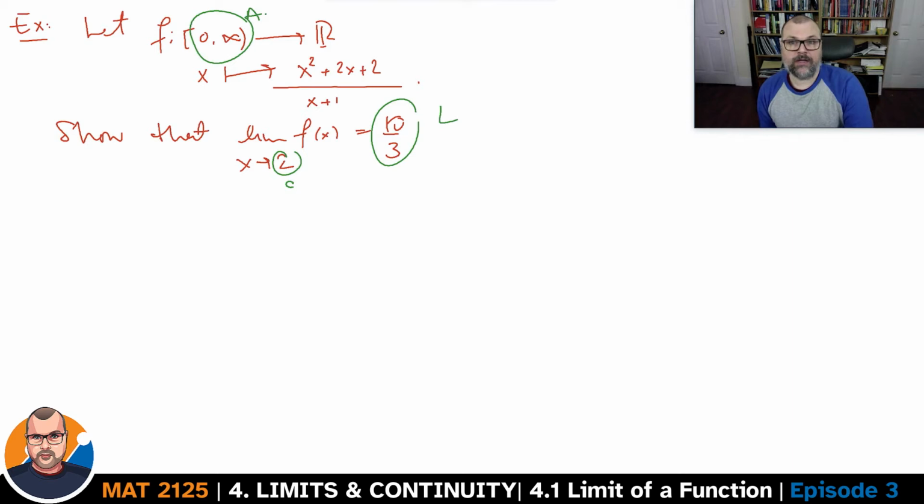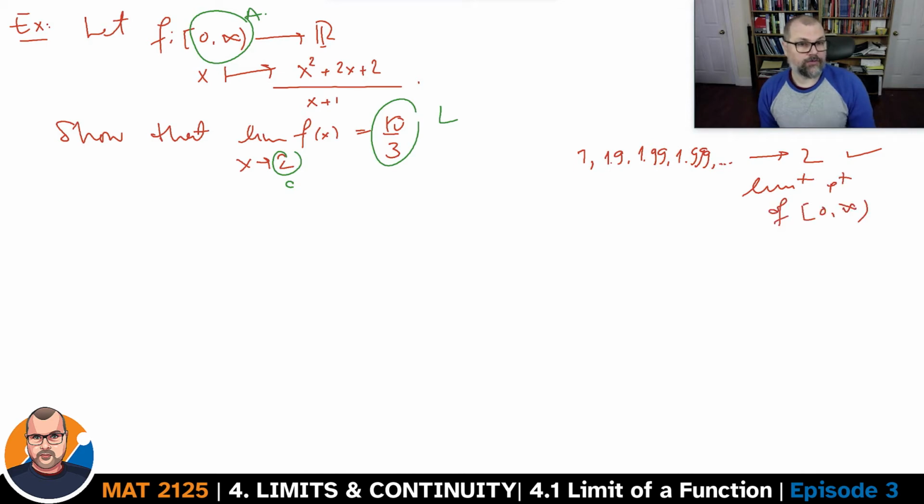The set A is the domain of values which converge to 2. So 2 is indeed the limit point of this interval, each of these points here being in the set of interest. Okay, so the question is well posed.